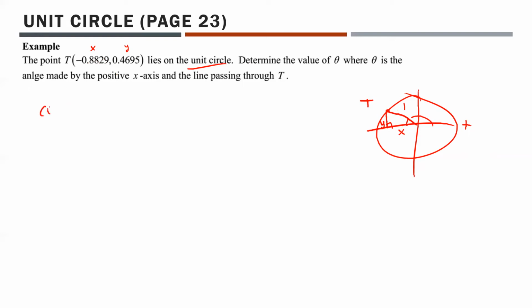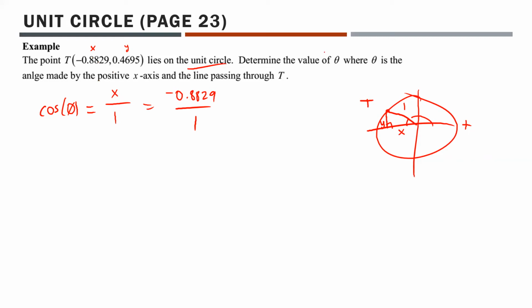If you use cosine of theta, cosine theta equals x, your adjacent, over your hypotenuse. That would give you x over 1. And we know x is negative 0.8829 over 1. If you use inverse trig on a negative number, sometimes it will give you the correct answer, but the other times, of course, it can give you something that isn't fully accurate.